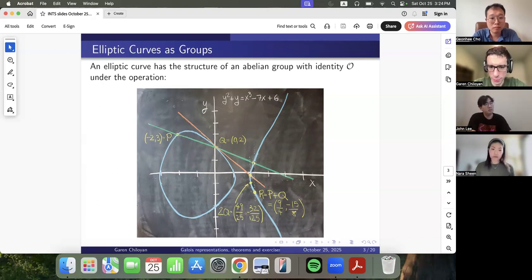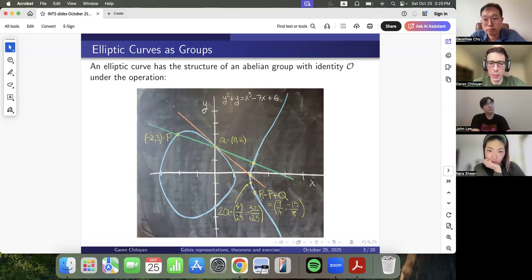This third point is not P plus Q. Instead, you draw a vertical line through this third point. The other point where the vertical line meets the elliptic curve is P plus Q. That's how you add two unequal points on an elliptic curve using the group operation.